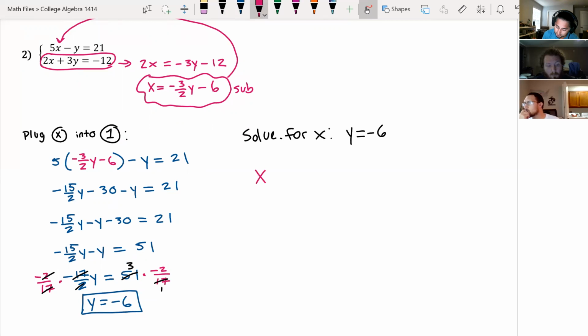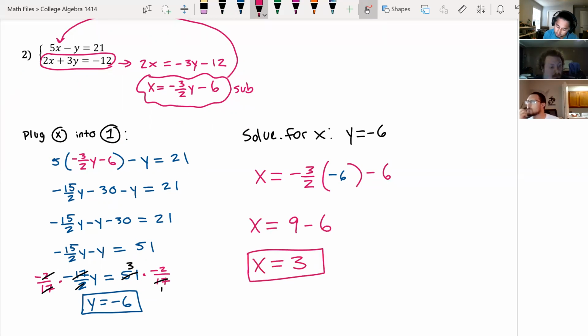We get x equals negative 3/2 times our y value of negative 6, minus 6. Clean it up. Negative 3/2 times negative 6 will be positive. That becomes 18 over 2, so 9 minus 6, and x equals 3. Done and done.